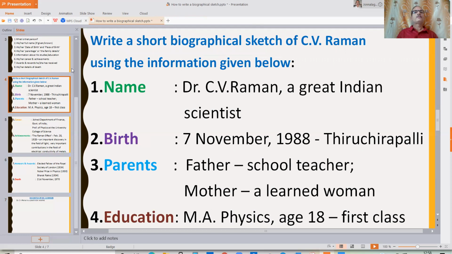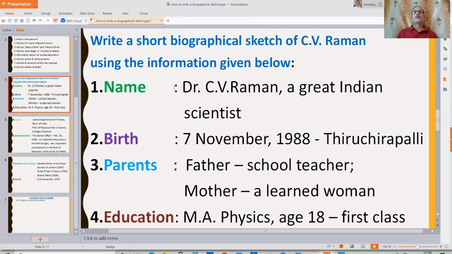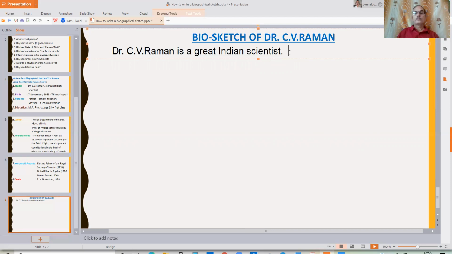If you know it, if it is not given there, of course, but if you know it, you can mention it, no problem. What do you write? His full name is Chandrasekhara Venkata Raman. If you know it, you can mention it, no problem otherwise.